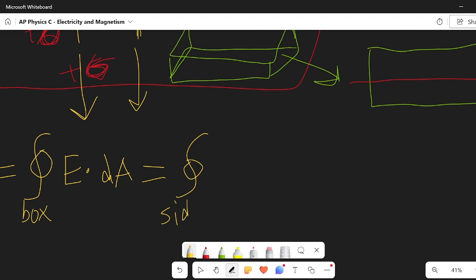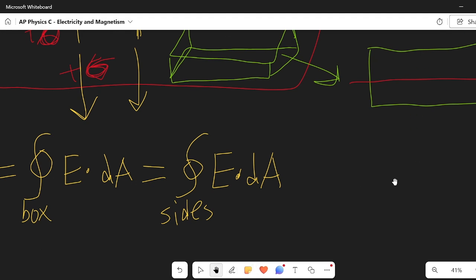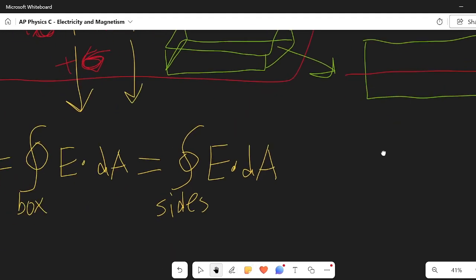If you aren't sure that the sides are all equal, you can always split it up into right side, left side, front, back. But in this case, we know the sides are equal because, remember, it's an infinite charge distribution, so it extends in all infinite directions. So all the sides are going to look something like this, and we only need one integral for that.